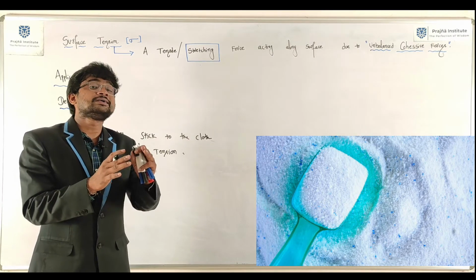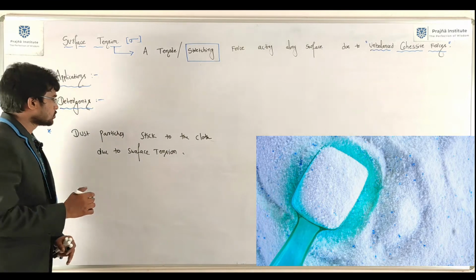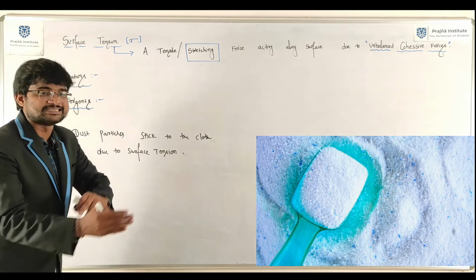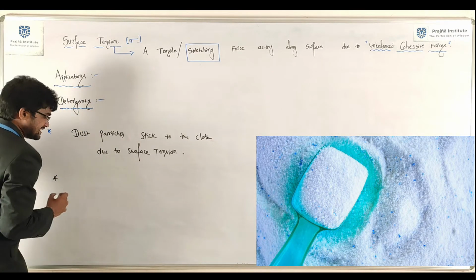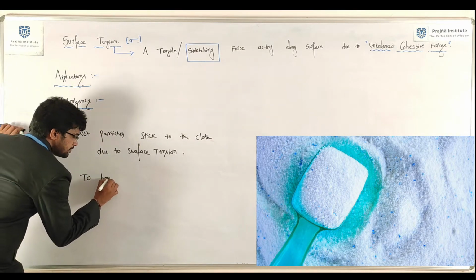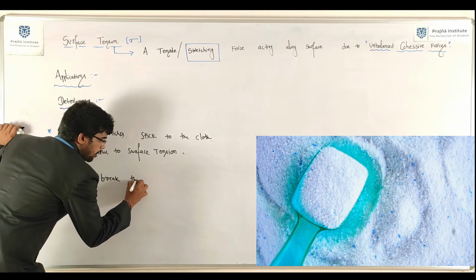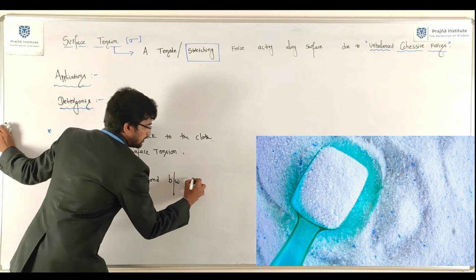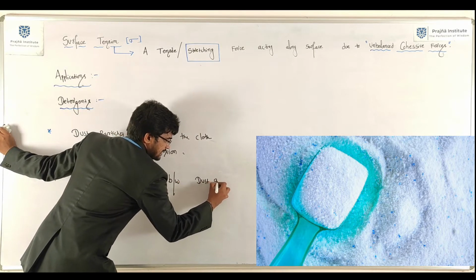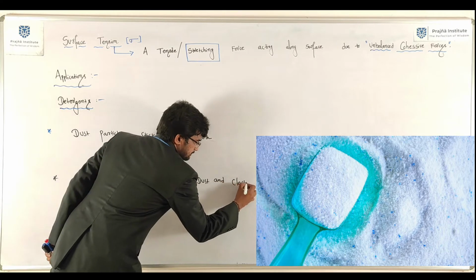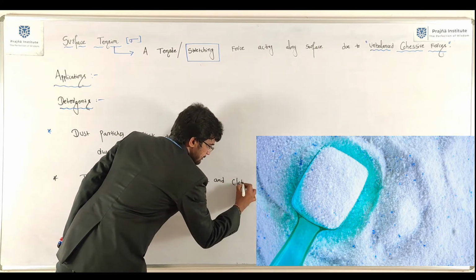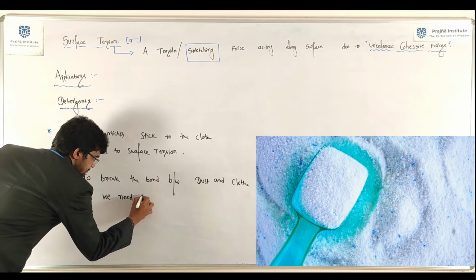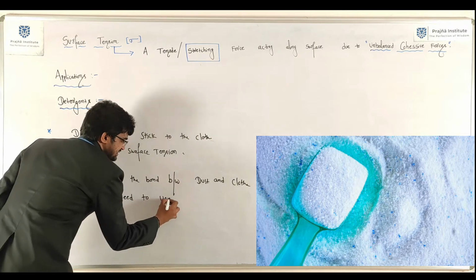Dust particles can't leave the cloth. So to break this bond between the cloth and the dust particles, we need to use detergents to break the bond between dust and cloth.